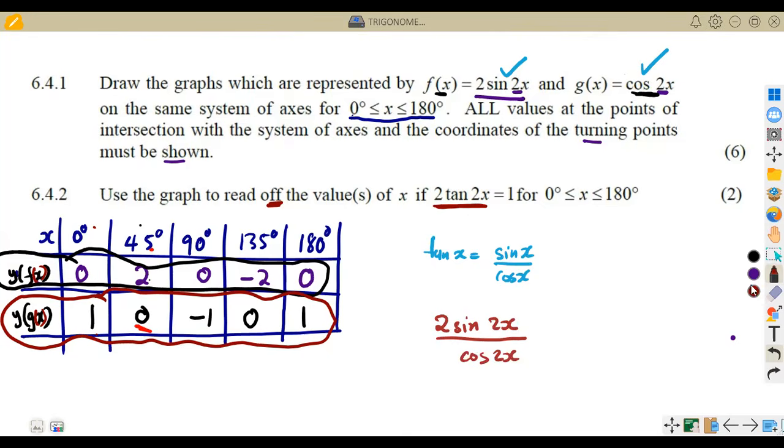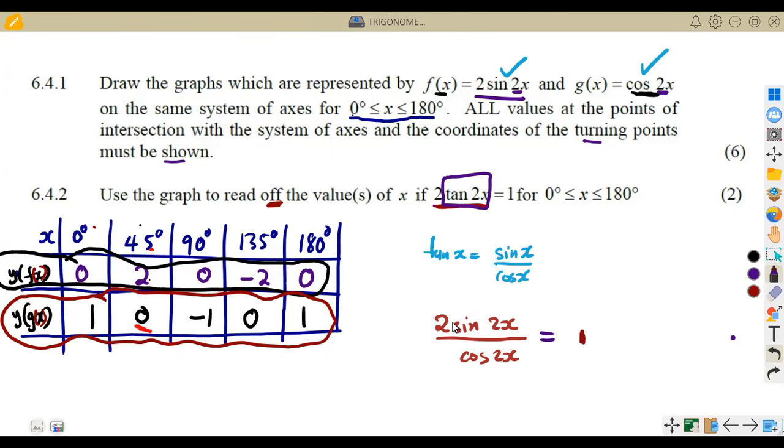In order for us to obtain tan, these two should be the same angle: sine 2x over cos 2x gives us tan 2x. There's a 2 that is affecting it, so it's 2 sine, which is equal to 1 in this case.